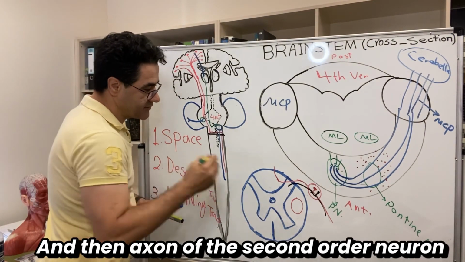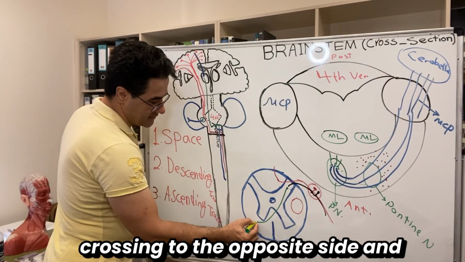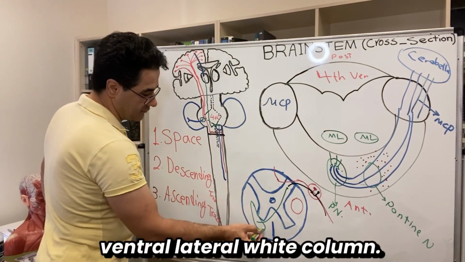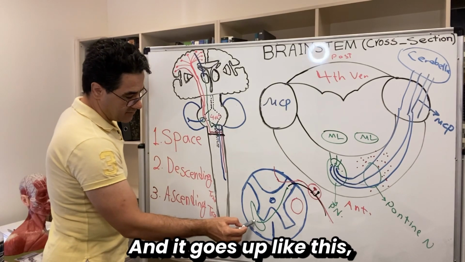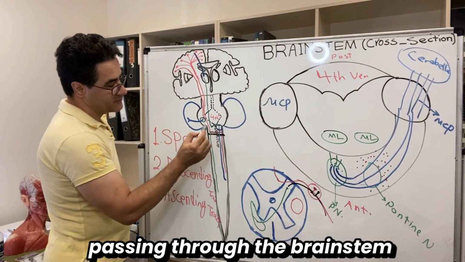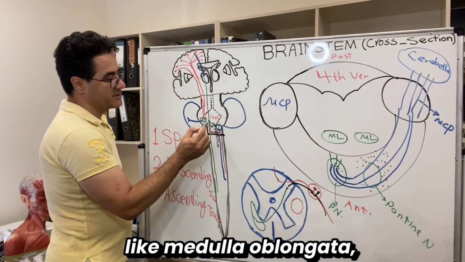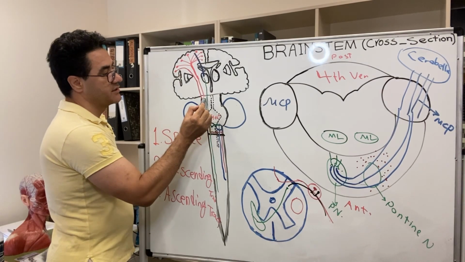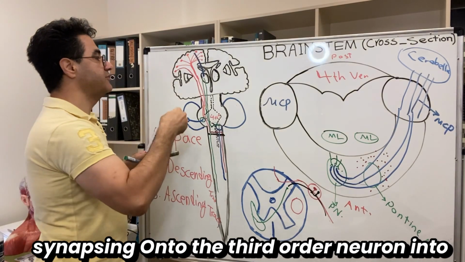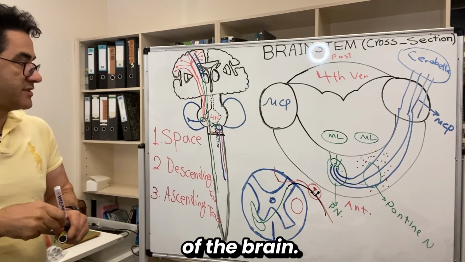Then the axon of the second order neuron crosses to the opposite side and lands here, in the ventrolateral white column, and it goes up like this, passing through the brainstem, the medulla oblongata, pons, midbrain, and then getting into the thalamus and synapsing onto the third order neuron in the thalamus. Then the third order neuron goes up to the somatosensory cortex of the brain.